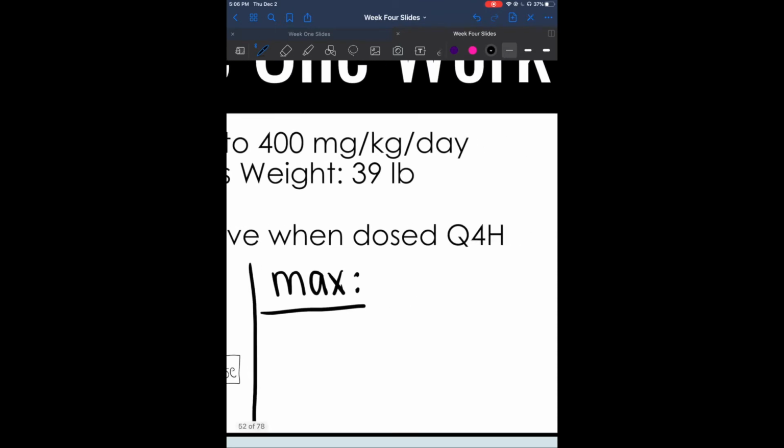And then for the maximum, we're going to do the exact same setup, but we're just going to change our number that we use on top in this first column here.